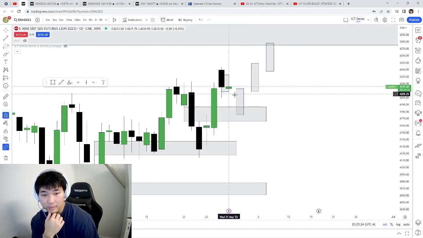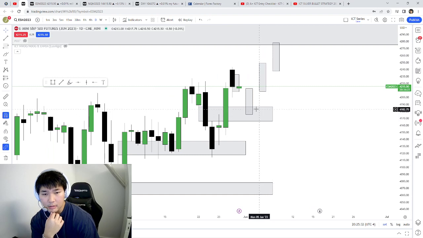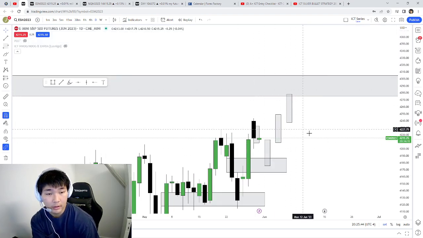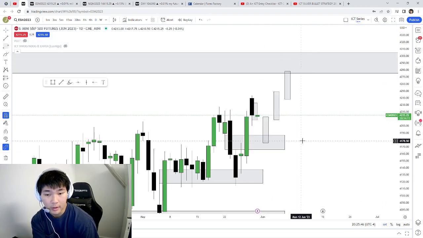On Wednesday, I'm expecting a bearish candle to fall inside of this BISI, inversion fair value gap, whatever you want to call it, and I'm just looking for bearish momentum into this fair value gap before looking for a higher leg up into this weekly volume imbalance that we have.